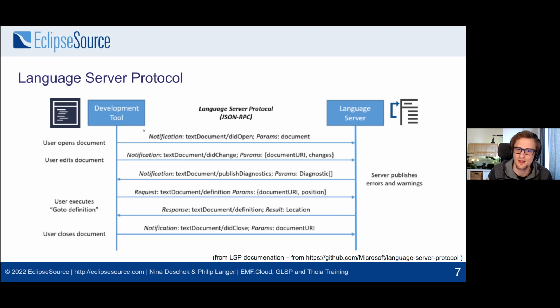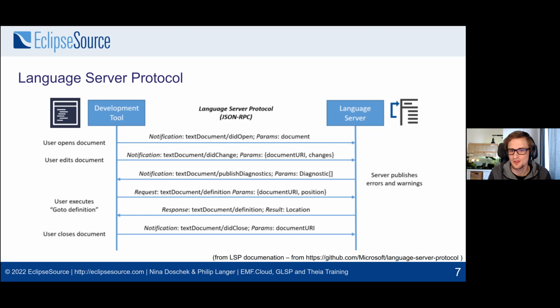So let's look at an example conversation between the client and the server. First of all, the development tool, so the editor, notifies the server that a document has been opened by the user. So this allows the language server to start creating an in-memory state of this document. And from this time on, whenever the user changes something, the client will notify the server that some changes happen.